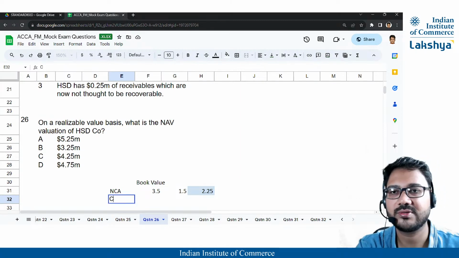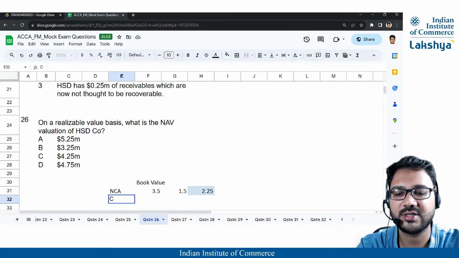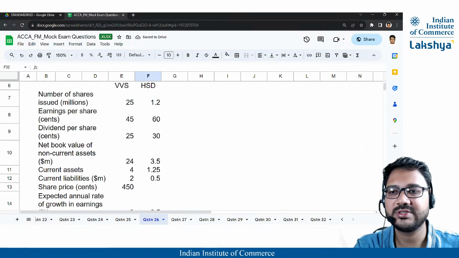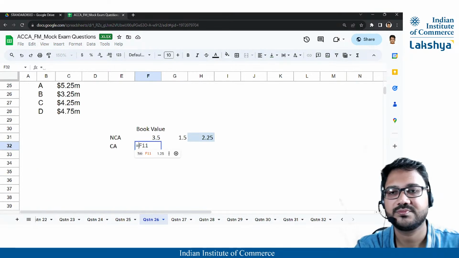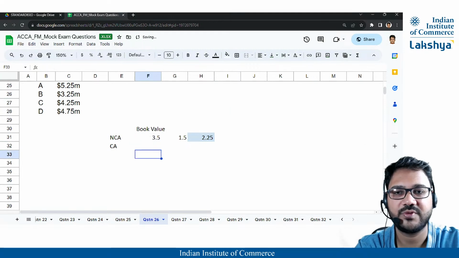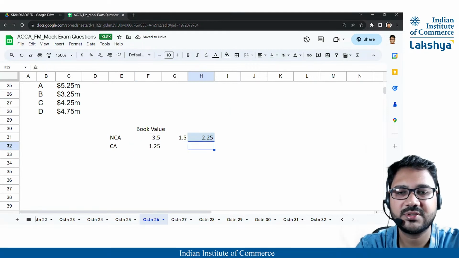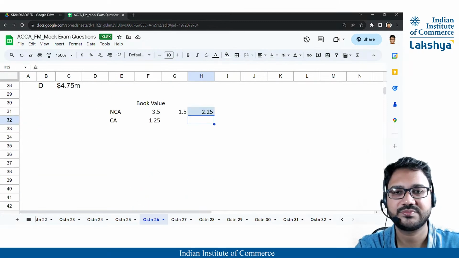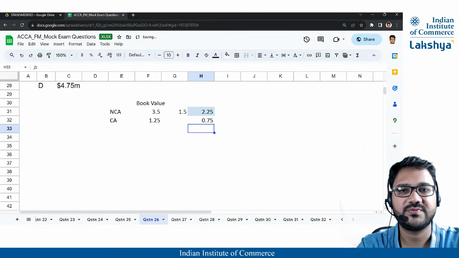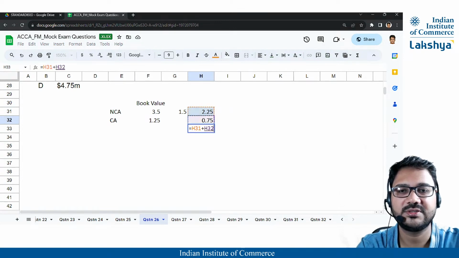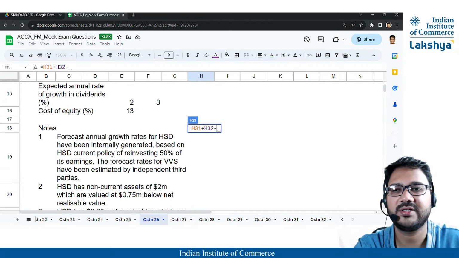Then our current assets, so receivables. The book value of current assets is 1.25. Now this becomes 0.75. So these are the two different effects. So what we are going to do is this plus this, minus, now there is nothing in current liabilities.